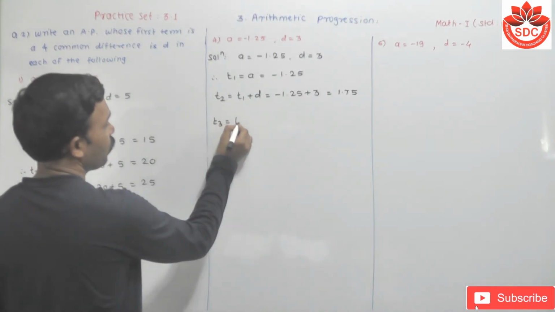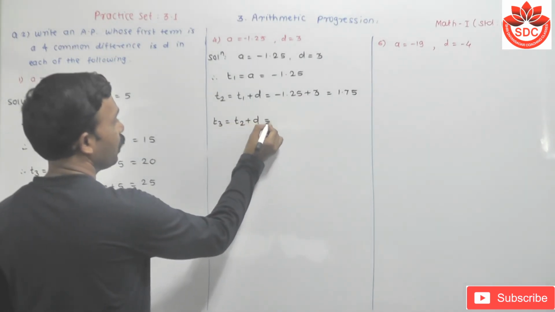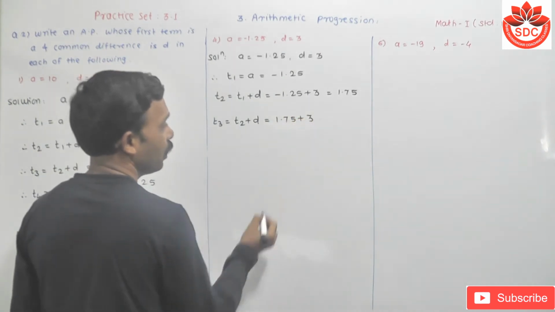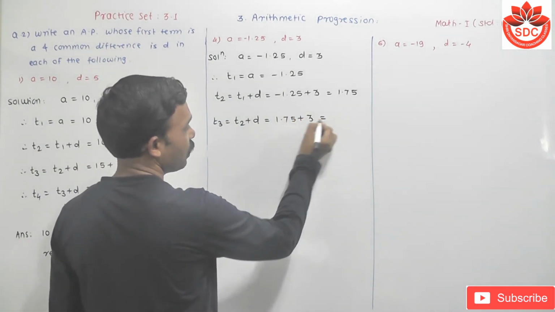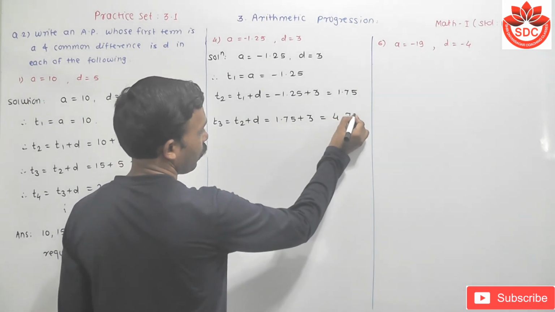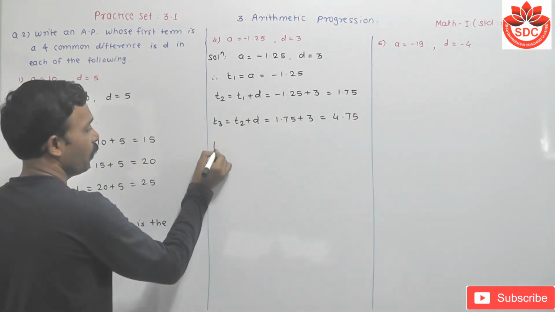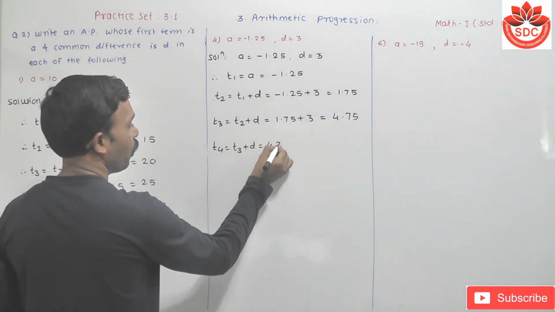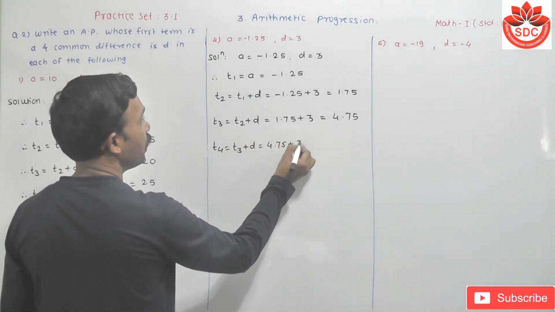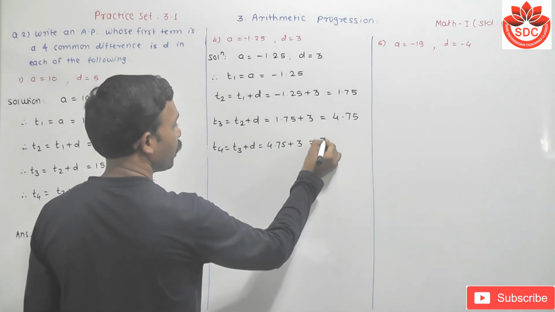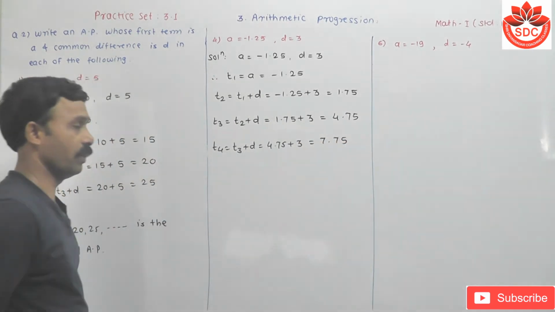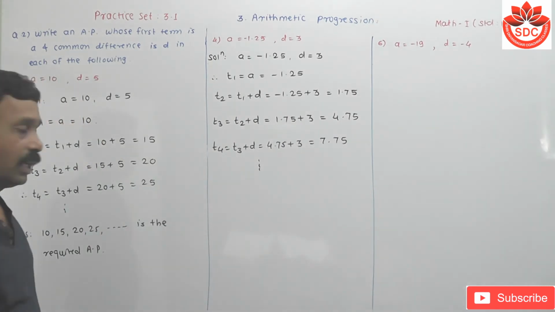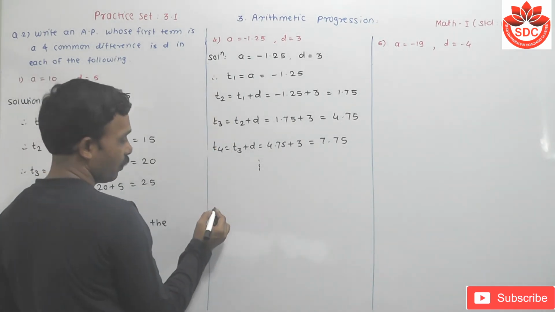T3 is equal to T2 plus D. T2 is 1.75 plus D is 3. When we add this we get 4.75. Then T4 is T3 plus D. T3 is 4.75 plus D is 3, equal to 7.75. And so on, you can find the remaining values also, but we take only up to 4 terms.